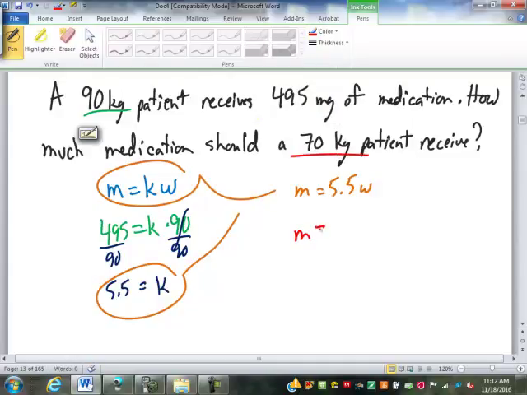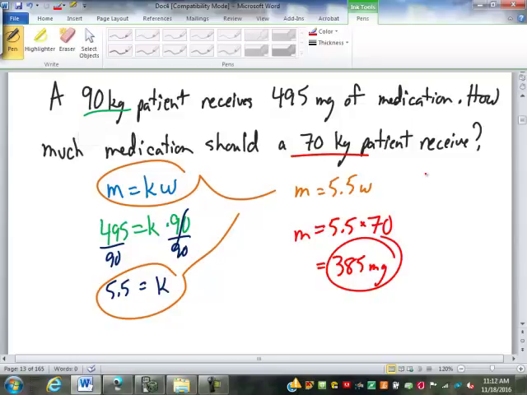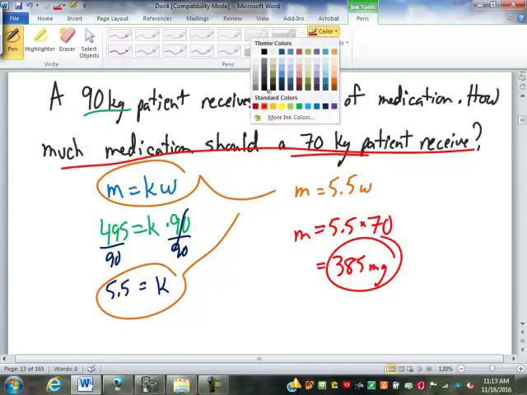So a 70 kilogram patient, we put 70 in for W, 5.5 times 70 is 385 milligrams. How many of you had 385? Well, good. Any questions on how we got that? So the big thing is when you see that it's medication related to weight, you have to remember that that is a direct relationship.